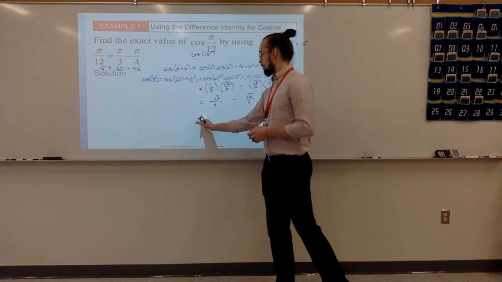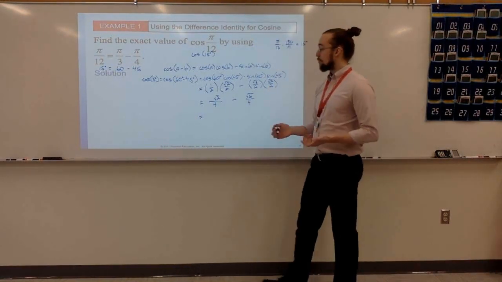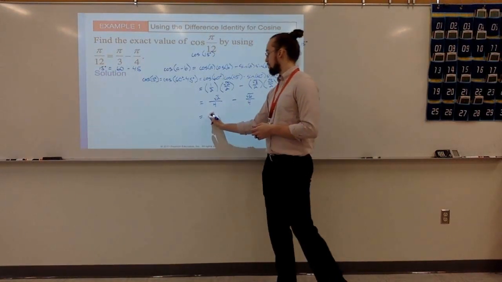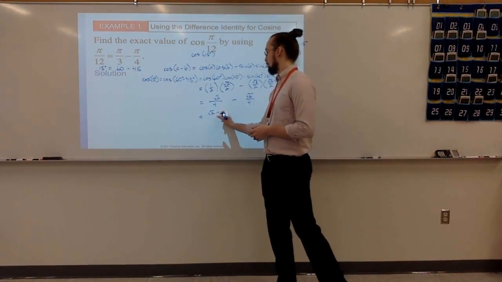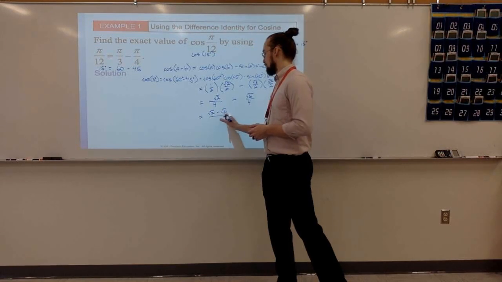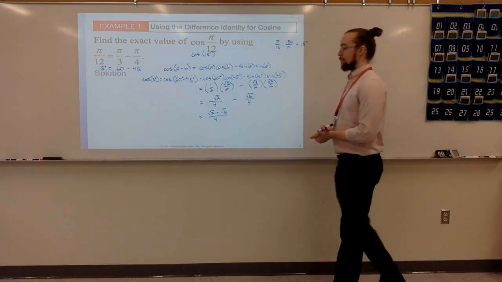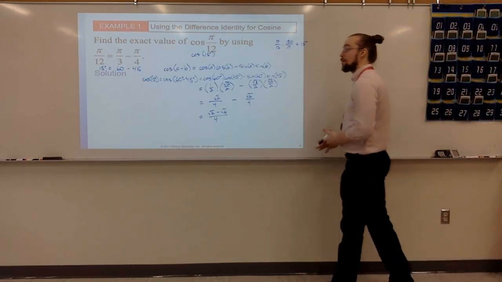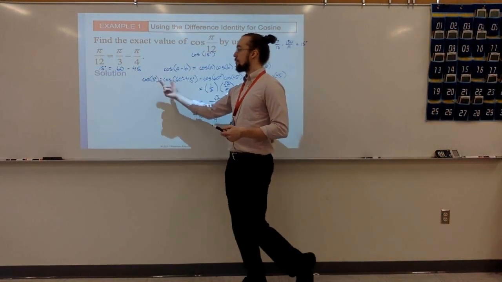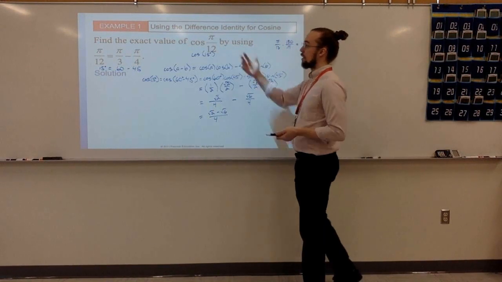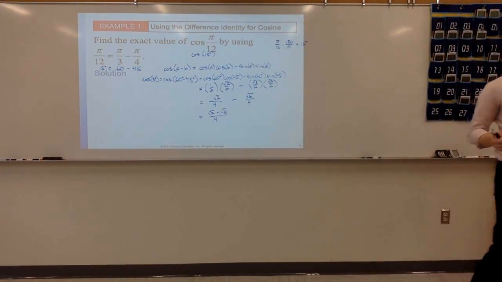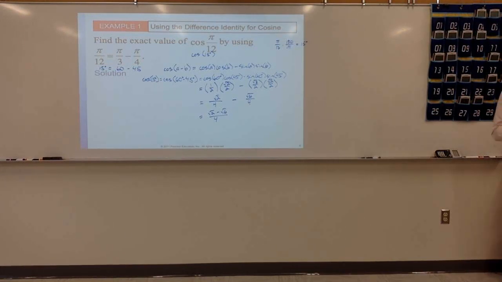And finally, I can combine those into one fraction. I already have common denominators, and so I can just write this as the square root of 2 minus the square root of 6 all over 4. So the exact value of the cosine of 15 degrees, or cosine of pi over 12, is the square root of 2 minus the square root of 6 over 4.